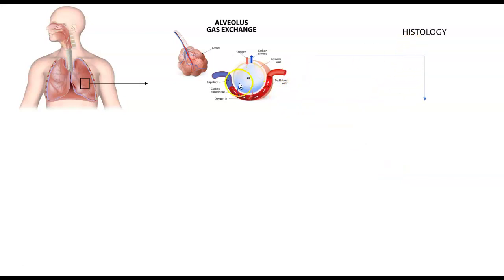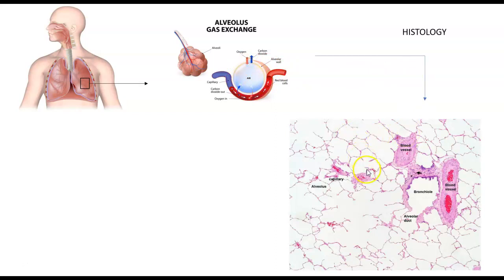Now, if we zoom in a little bit more and look at this diagram of the alveoli, we will see a histological picture of these cells. Histology is just the study of the cells. So if you see the macroscopic picture here, you can see there's tiny air sacs, balloons. When we look at the histological picture, we just see balloons right here. Here's one, here's another alveoli, here's another alveoli.